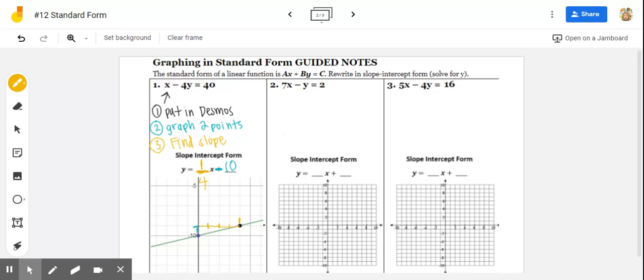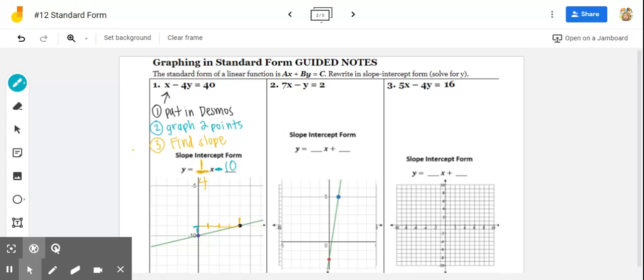So we can do that again with all of these other equations. So let's do that quickly. So when you type in number 2 into Desmos, you notice that we had a y-intercept here at negative 2. And I also went up my line and found a second point there at 1 comma 5. So we're going to use those 2 things to help me find the y-intercept.